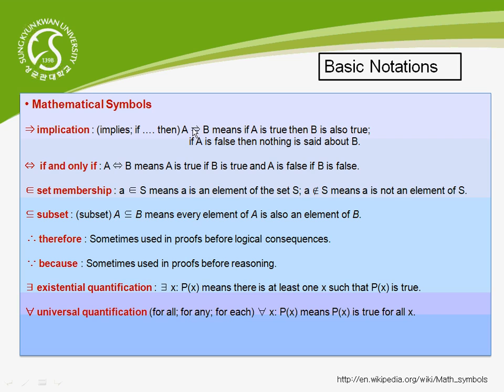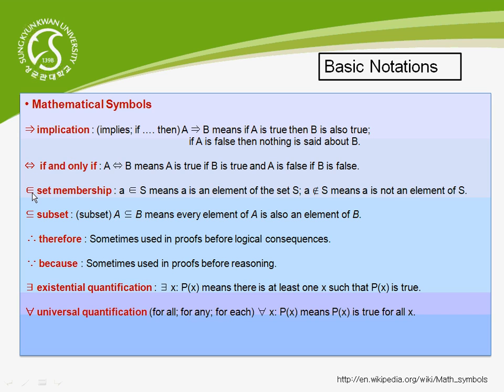In that case, we use this notation instead of writing whole English words. If the right-hand side implies the left-hand side, and the left-hand side implies the right-hand side, then we write it this way. That means if and only if. If A is true, then B is true, and also if B is true, then A is true. Then we write this notation, if and only if.